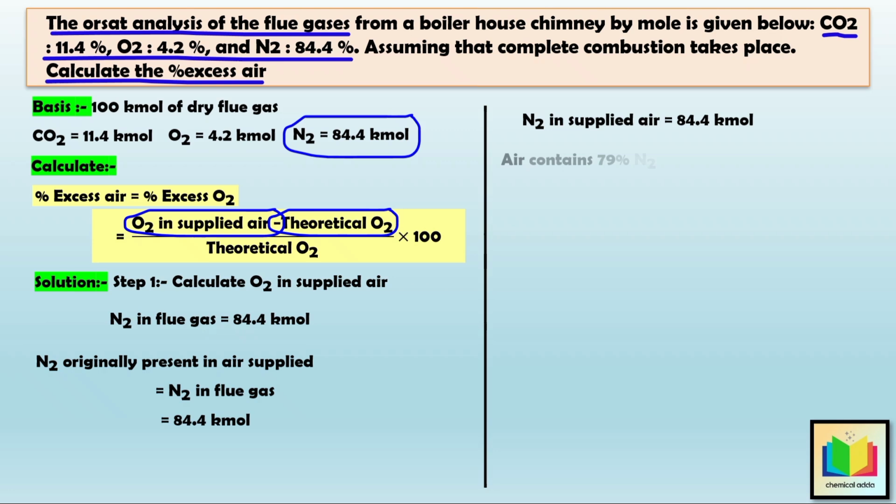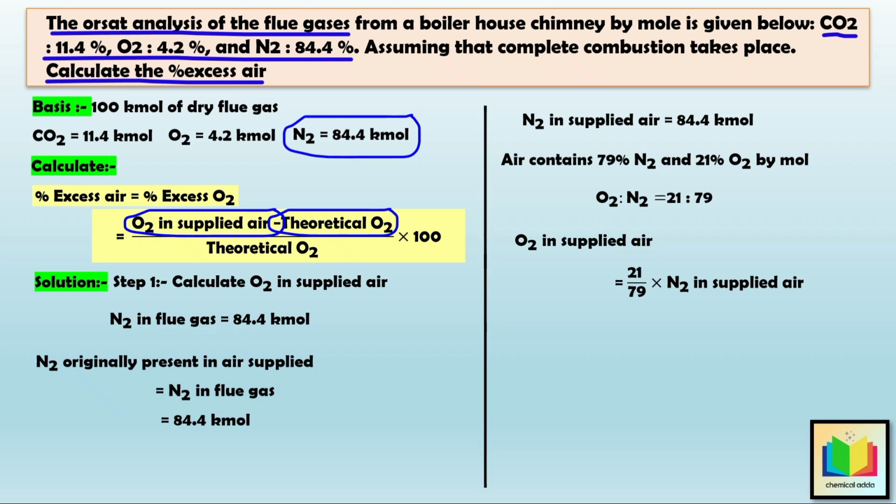Then we know that air contains 79% nitrogen and 21% oxygen by mole. Hence, their composition ratio can be written as O2 is to N2 is equal to 21 is to 79. Therefore, from this relation we can calculate O2 in supplied air. Hence we get O2 in supplied air is equal to 21 by 79 into N2 in supplied air.